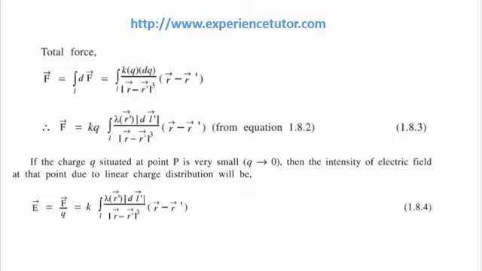If the charge q situated at a point is very small, that is, q tends to 0, then the intensity of electric field at that point due to linear charge distribution will be E is equal to F by q. If we put the value, E is equal to integration over L of lambda of r' dl upon modulus of r minus r' whole cube into the vector r minus r'.